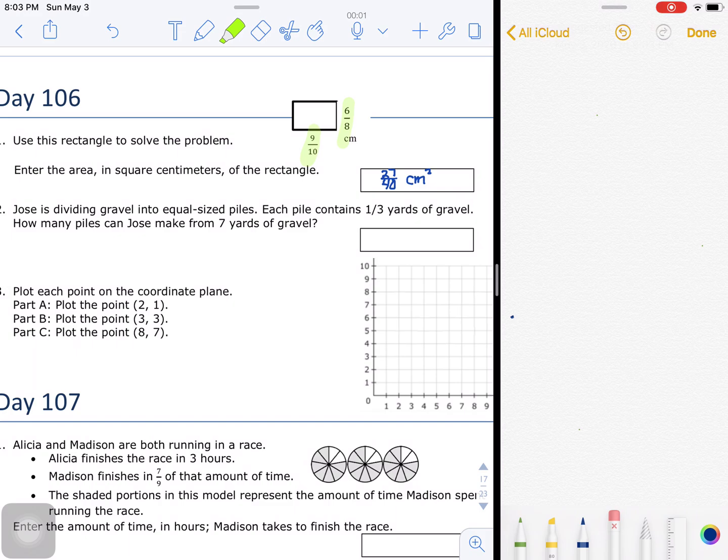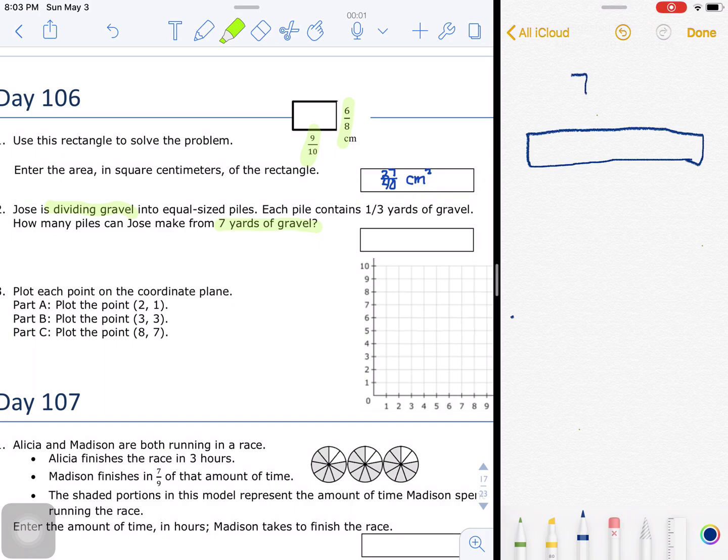Well, this is a division problem, and we know that because it says that Jose is dividing the gravel. And if we look here, we have to find the gravel, and the gravel specifically tells us that it is 7 yards. So I'm going to draw a tape diagram, as usual, because they are so helpful.